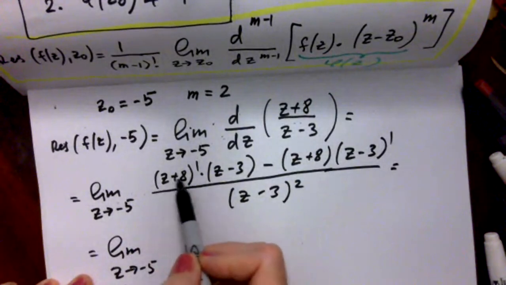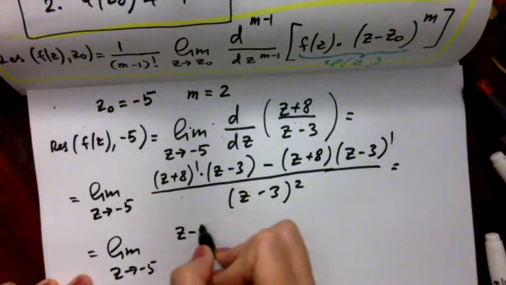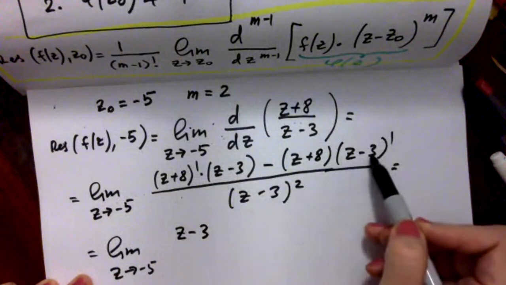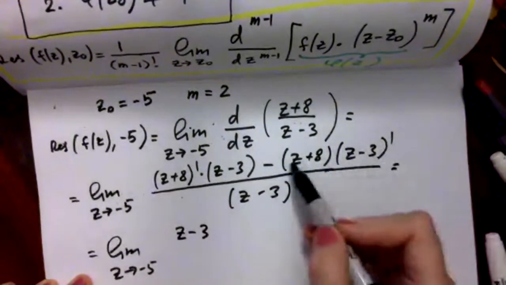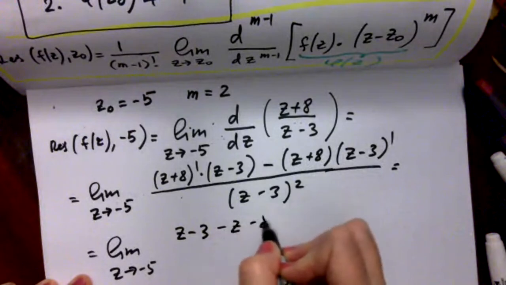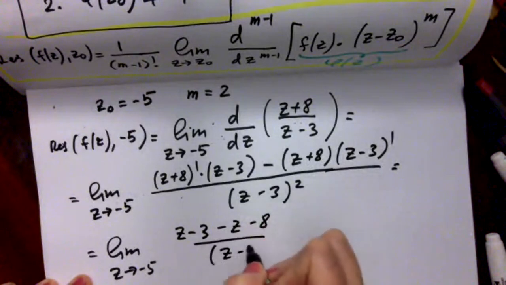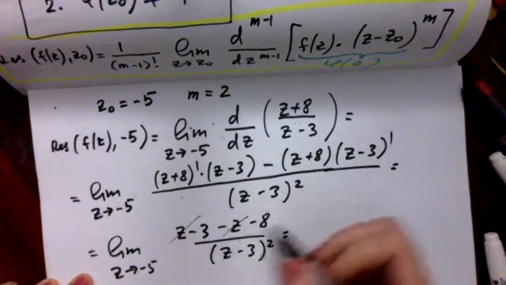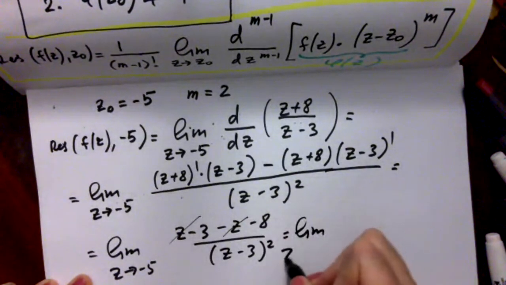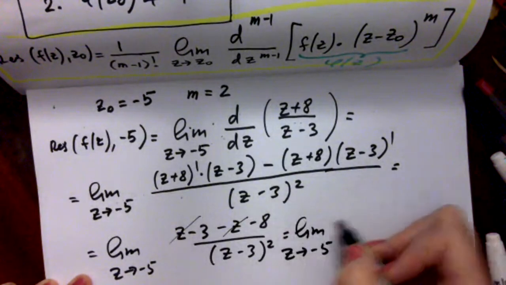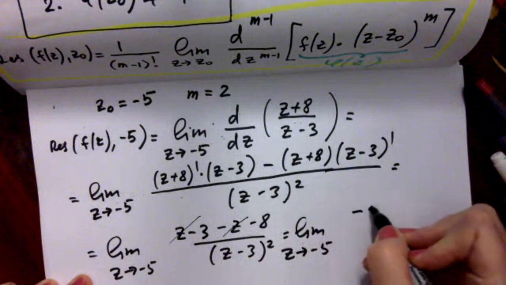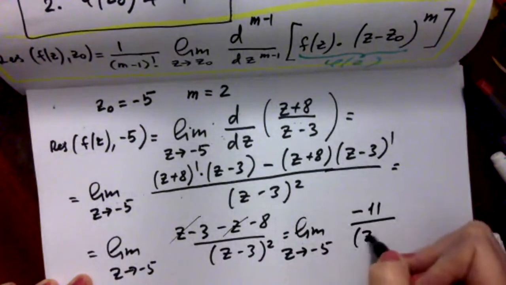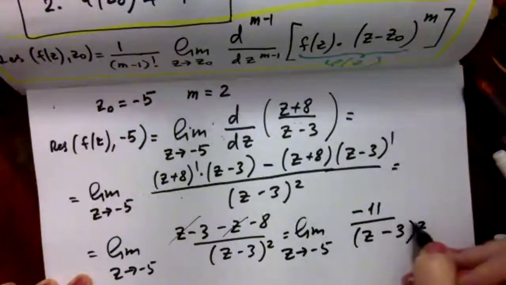This is of course 1. 1 times z minus 3 will be z minus 3, and the derivative of this expression is 1 as well. So it doesn't matter. Minus z minus 8, over z minus 3 squared. It needs a little bit of simplification, so these terms will cancel out. Finally, we are left with minus 3 minus 8, which is minus 11, over z minus 3 squared.